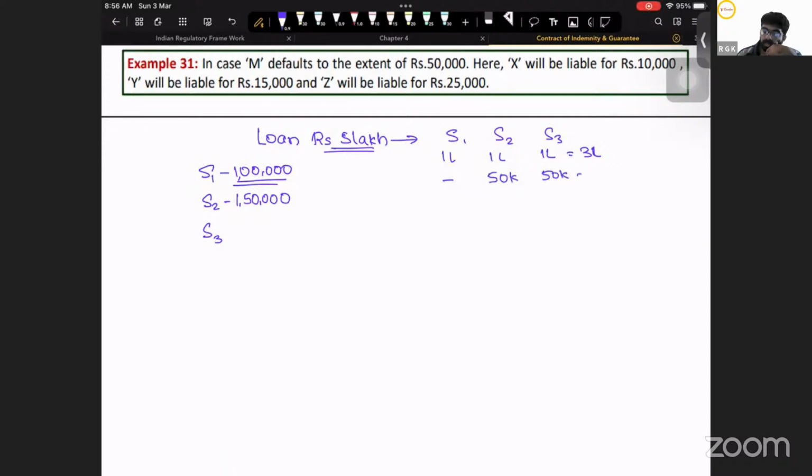So again, 1 more lakh is appropriated. 3 lakh plus 1 lakh, 4 lakh. Balance 1 lakh will be borne by surety 3 because there is no limit on surety 3. So likewise, it is 1 lakh plus 1.5 lakh plus 2.5 lakh within their limits.